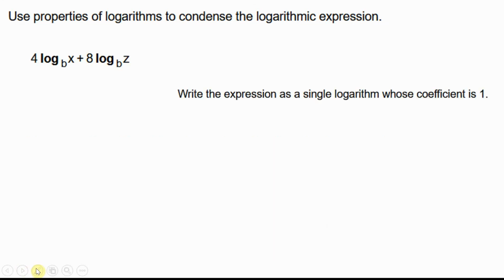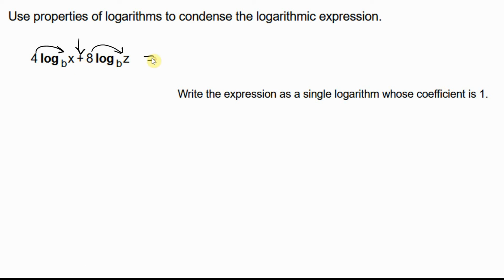All right? So we're going to condense, and then it says write the expression as a single logarithm whose coefficient is 1. What the heck does that mean? Who knows? All right, so I can't do any adding until these multipliers become powers. I just can't say this is going to be some log whatever times. I can't do that.